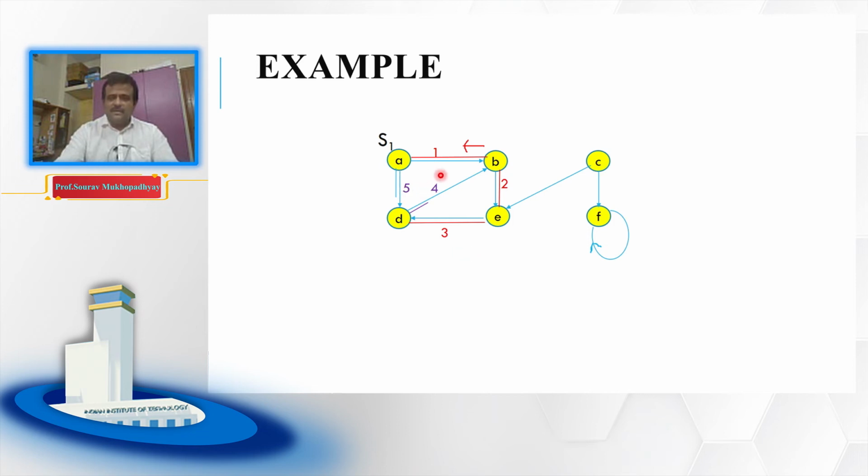Now, we have to take the next vertex because we want to explore the whole graph. The next vertex we can take is B, but B is already done. We can check the parent of B is already in the parent list. Then we check C. Now, C is not done. Then we have to call the DFS visit with this as the source vertex.